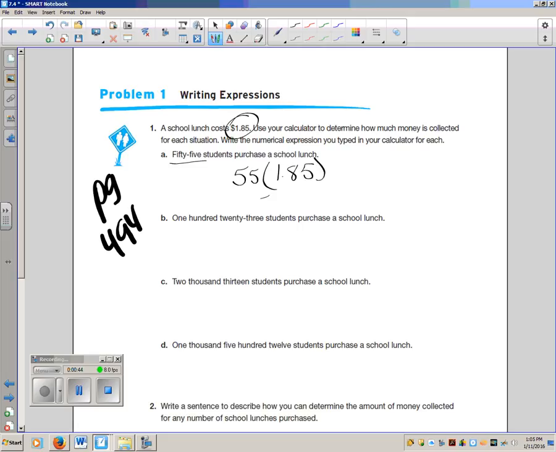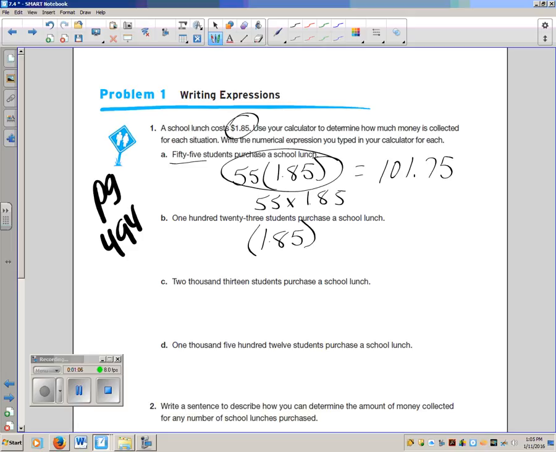We're not going to write it like this, 55 times $1.85. We're going to write it this way. On your calculator, go 55 times $1.85. That equals $101.75.